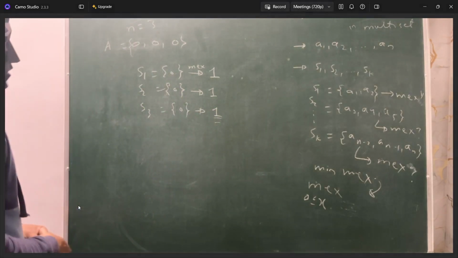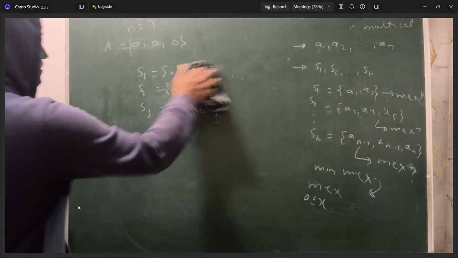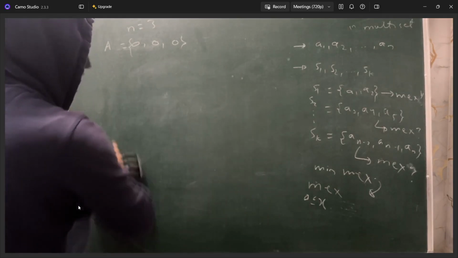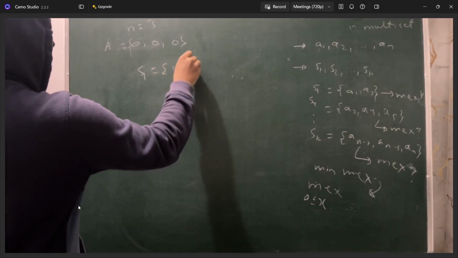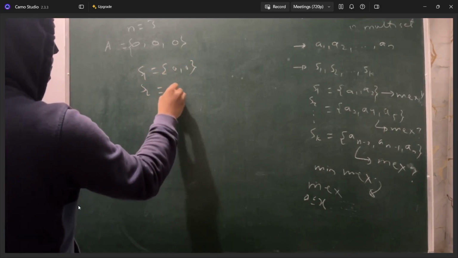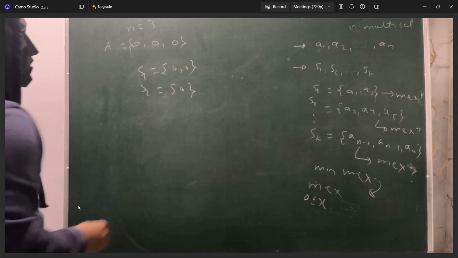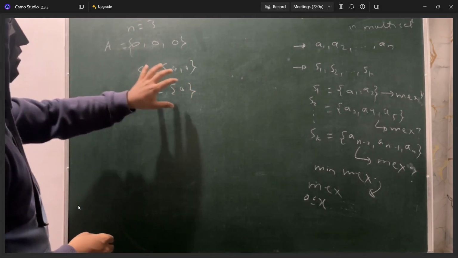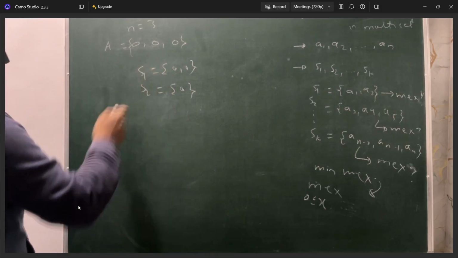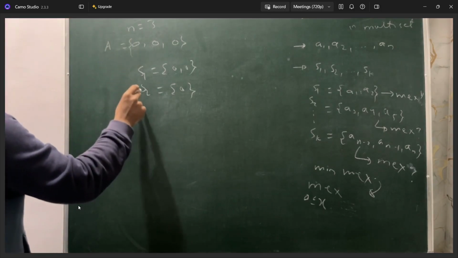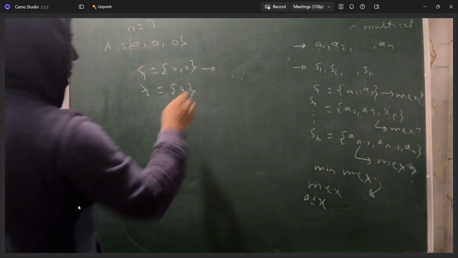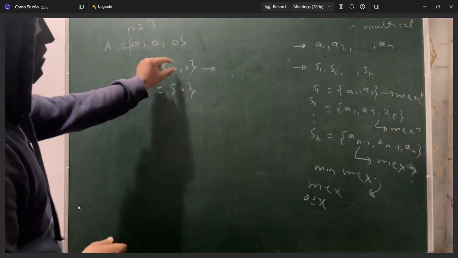So this was one valid arrangement. Now let me take it this way. You take multi-sets S1 and S2. Here all these 3 elements are put in multi-sets, and since S1 is also a multi-set, this is the bigger multi-set and this is the smaller multi-set. Now in this also, since it is a multi-set, 0 can occur 2 times.